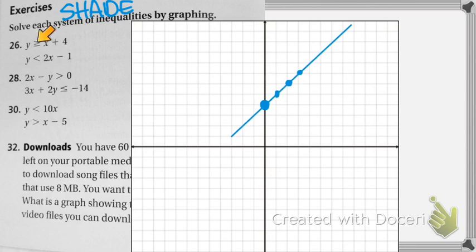And since that has a line under it, that's a solid line. And then you do the y-intercept of -1 and the slope of 2.